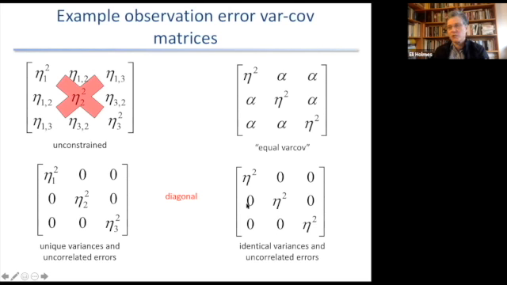What are the assumptions we're going to make about these observation errors? Is it reasonable to assume that they have the same observation error variance? Do we need to assume that they're correlated? We often really don't want to have correlated observation errors. So we will often try to do something to make them uncorrelated, such as including a covariate that would explain any correlation.